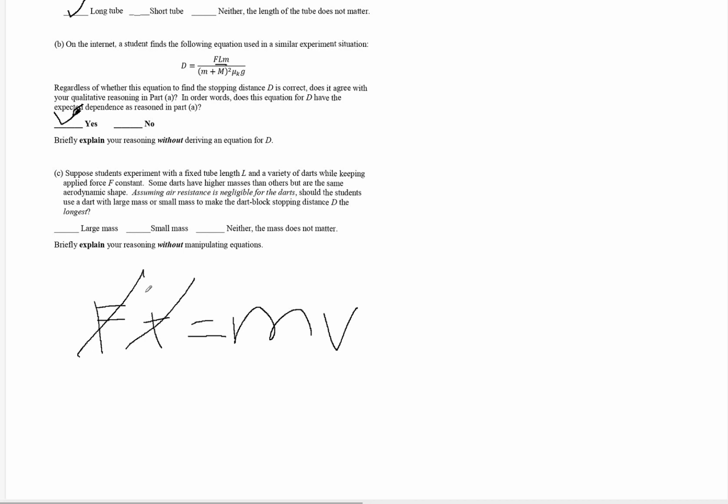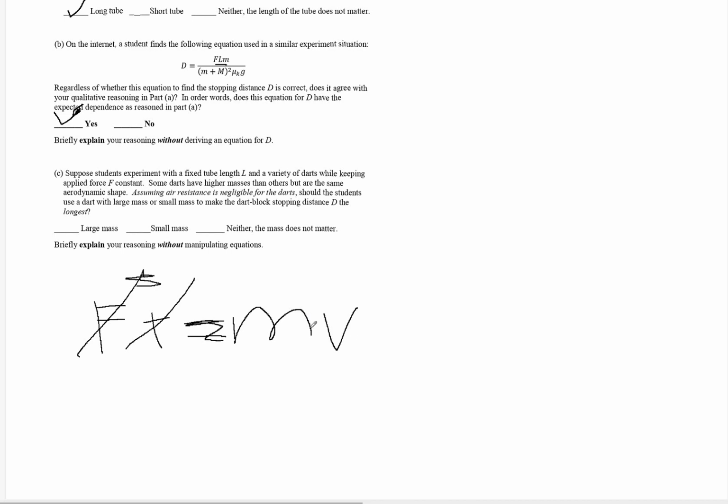So F t will both be constant. So then it leaves us with mass and velocity that can change. And then the mass and the velocity will determine the momentum, which will determine the stopping distance.